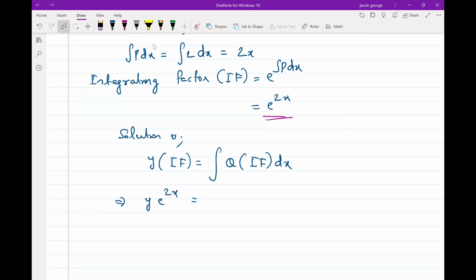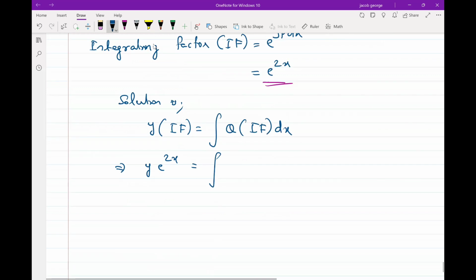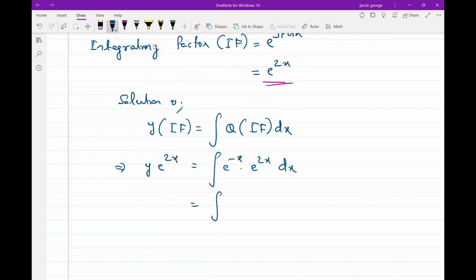On the right hand side we substitute q, which is e raised to minus x, so e raised to minus x into e raised to 2x dx. That is e raised to minus x plus 2x, right? A raised to m into a raised to n is a raised to m plus n. So the result is e raised to x, and this is integral e raised to x dx. This is the solution.